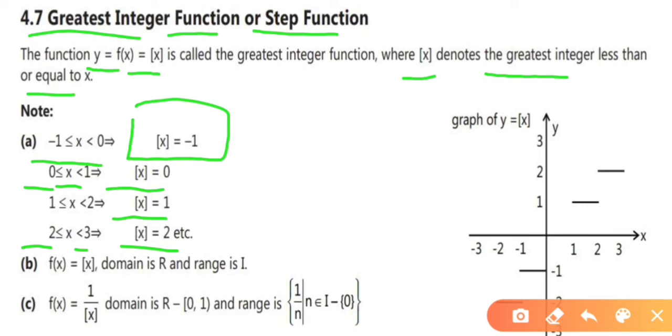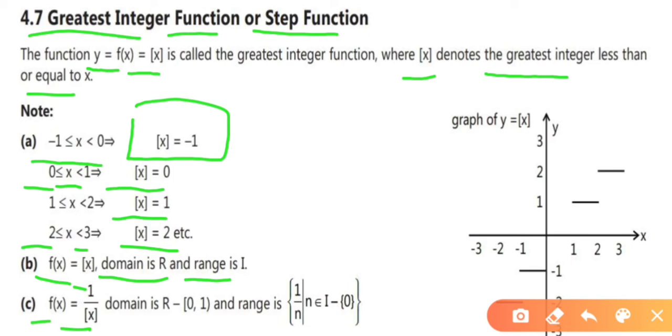Like this. Similarly, next point, f of x equals the greatest integer function, or you can say step function [x], whose domain is R and the range is the integers, that is I. Next, f of x equals 1 upon [1 by x], the step function.